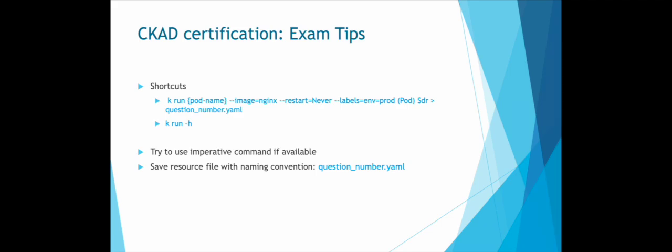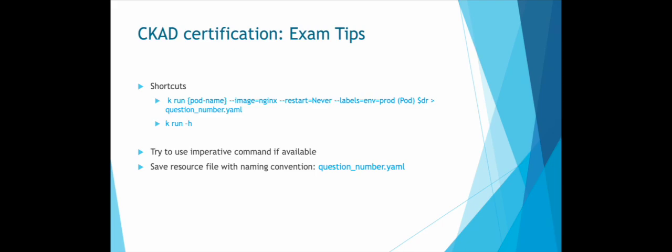And another tip that I want to give here is, save the resource file with a naming convention, right? Let's say you have question number 1 to create some pod, maybe with some replicas. So you want to create maybe the deployment, right?